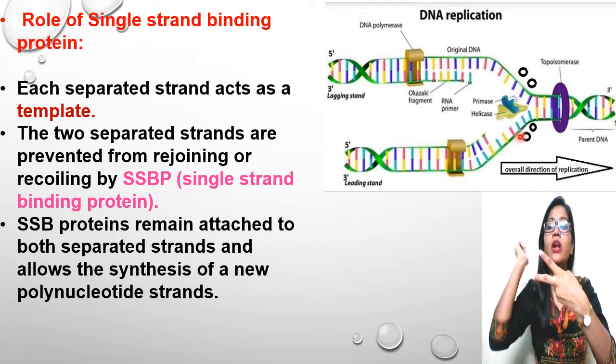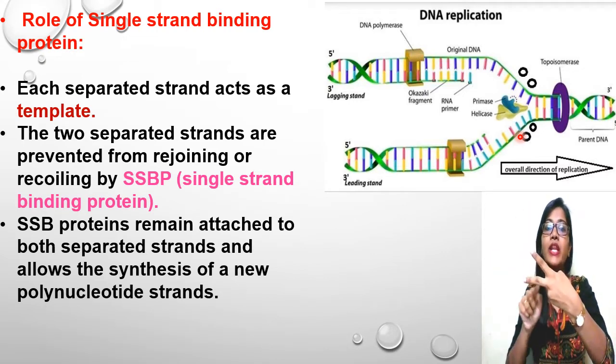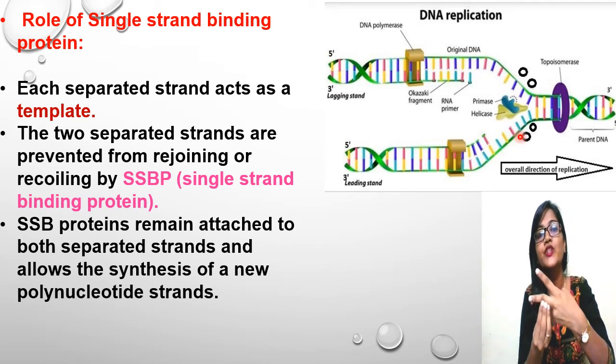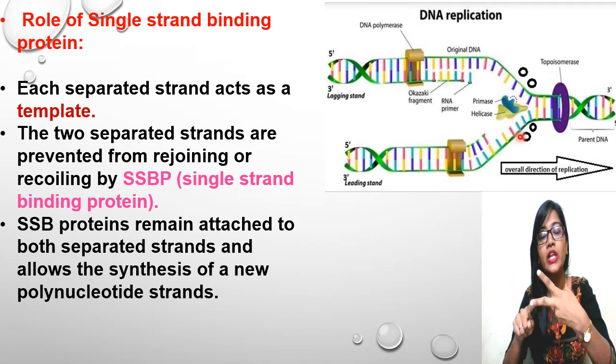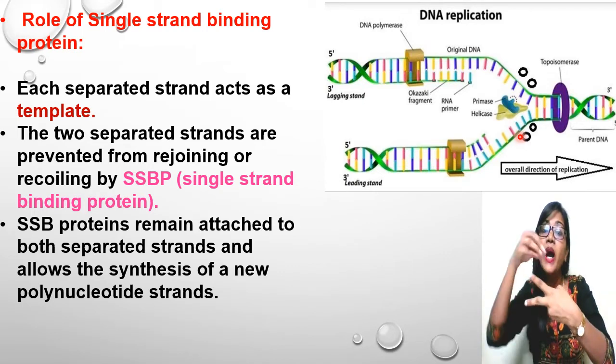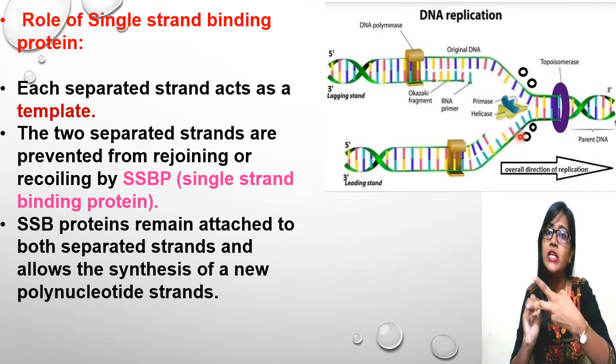Here the single strand binding proteins get attached. Because of this attachment, it remains as a single strand. Another single strand of DNA remains as a single strand. They bind to the single stranded DNA structure.